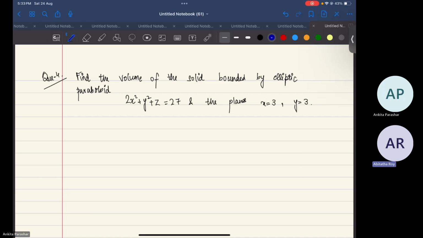It will be a downward parabola if you put x equal to 0.